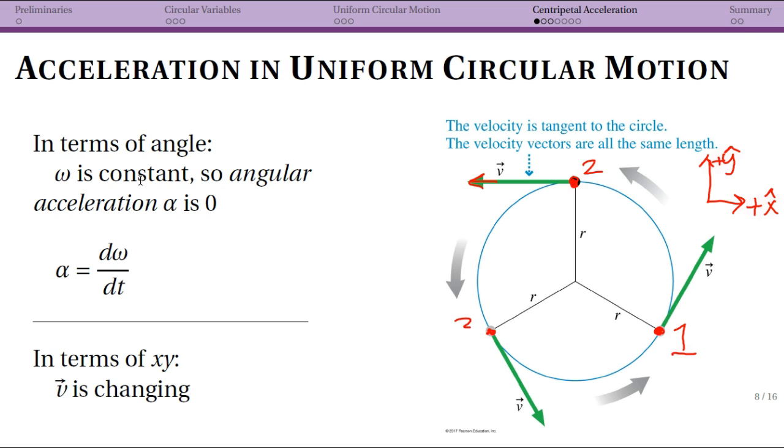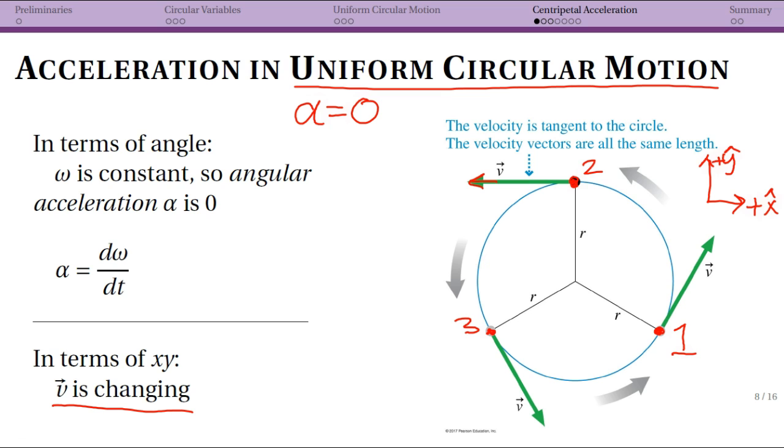At this third moment, it's pointed in the positive x-hat direction, negative y-hat direction. So clearly, my velocity vector is changing. So even though for uniform circular motion, we would say that our angular acceleration is equal to 0, our velocity vector itself is changing, so we need to define an acceleration.